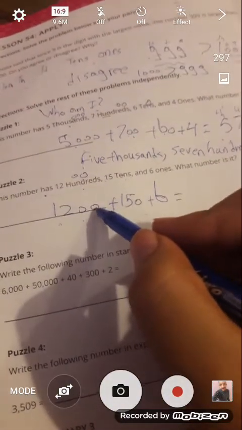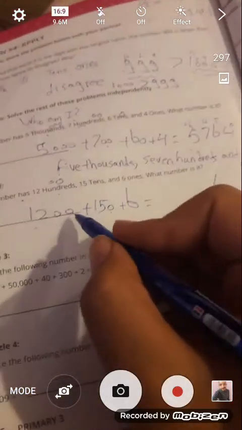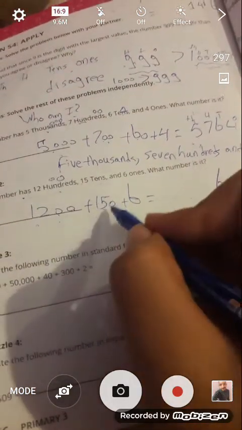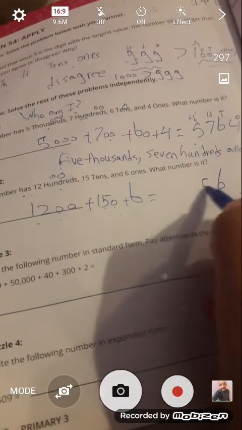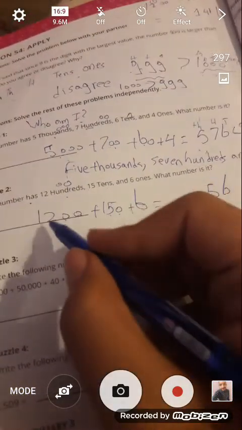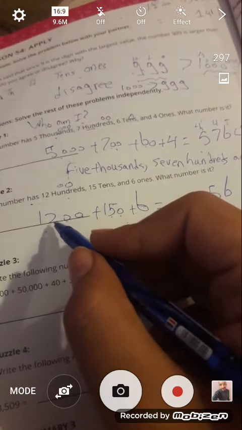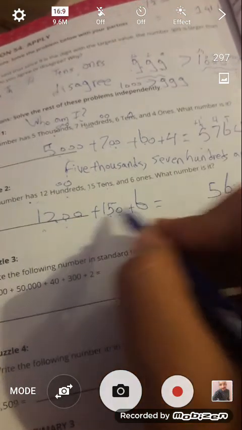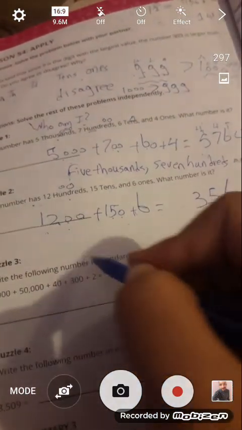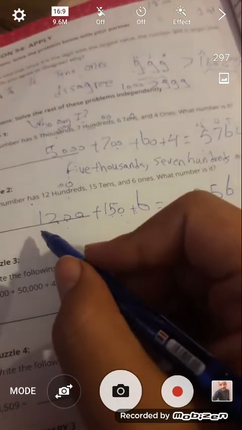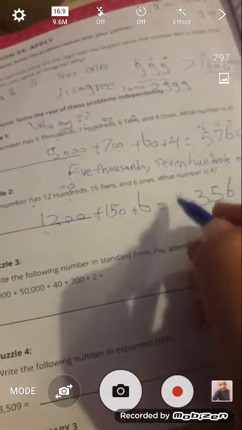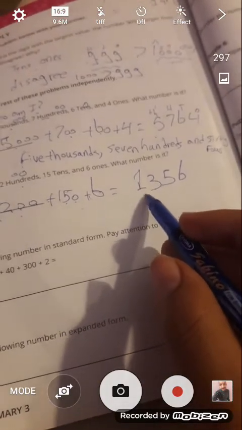At the ones we have 0 plus 0 plus 6 equals 6. Let's see at tens. At tens we have 0 plus 5 plus 0 equals 5. At hundreds we have 2 plus 1 plus 0 equals 3. At thousands we have 1 plus 0 plus 0 equals 1.